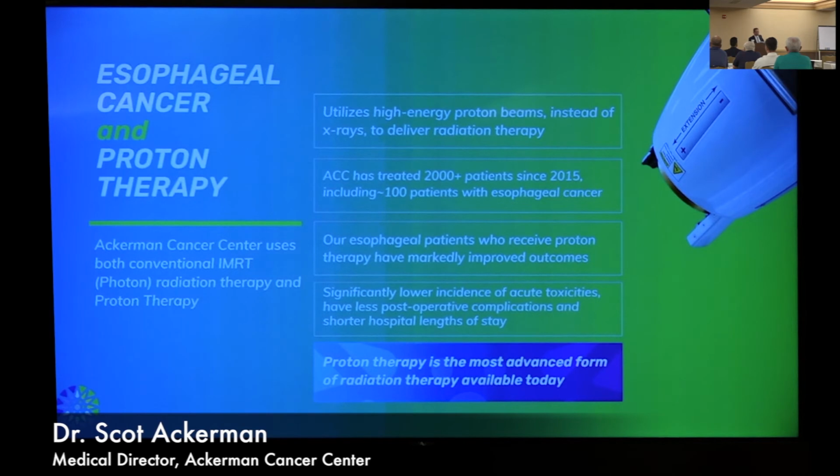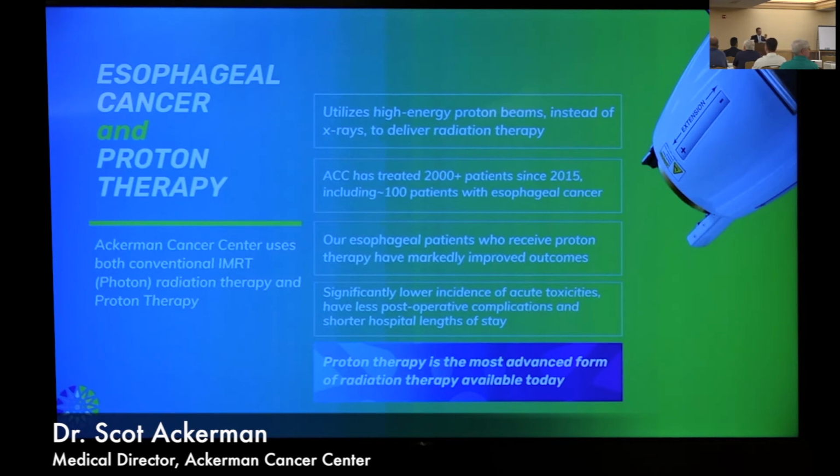That's the typical radiation that 99% of patients around the country that have radiation treatments receive. We also provide proton radiation. So we do both in our office, and we use it appropriately for patients. So not everybody needs protons. Most of our patients receive conventional photon radiation with what's called IMRT, which is intensity modulation of the radiation.